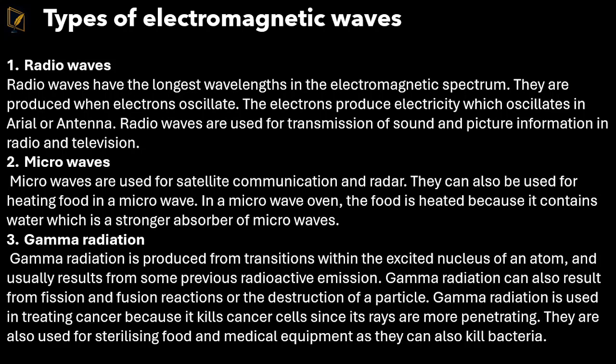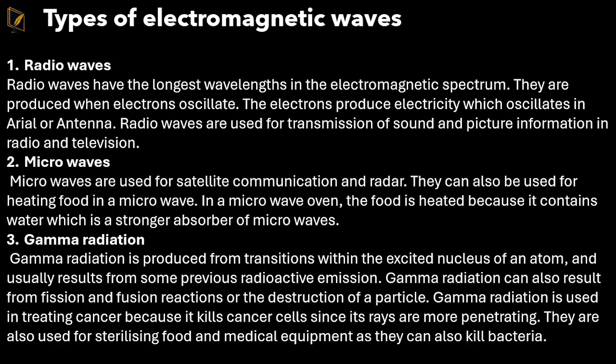Then you have the gamma radiations. Gamma radiation is produced from transitions within the excited nucleus of an atom and usually results from some previous radioactive emissions. So gamma radiations can also result from fission and fusion reactions or the destruction of a particle. Wherever an atom is being destroyed, there is emission of a gamma particle.